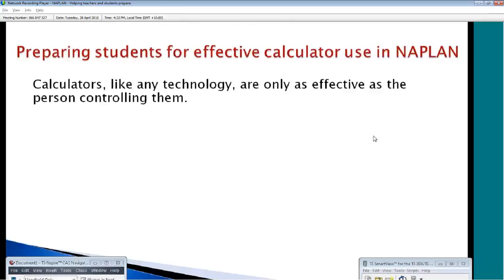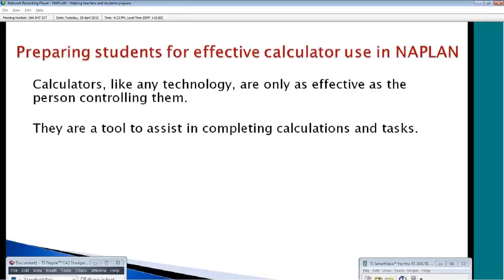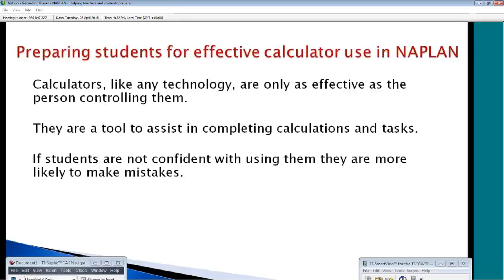So we need to remember that. We need to teach students that they need the skills to understand how to do the question. The calculator is simply a tool to assist in completing the calculations a little bit faster. That's a big thing that I remind students of at school regularly. It's also essential to make sure the students are confident with using them.